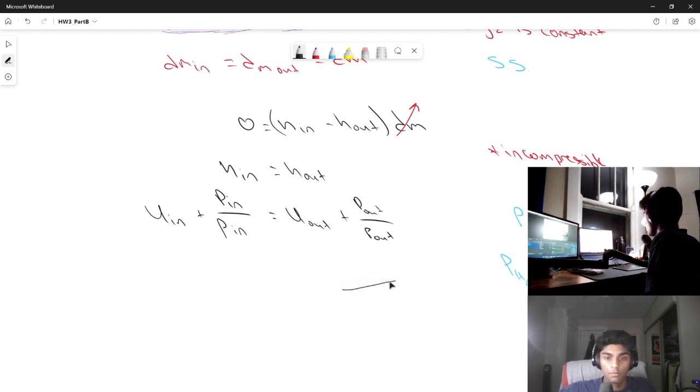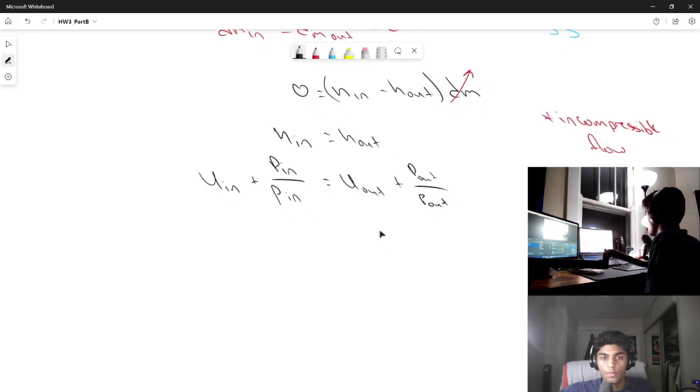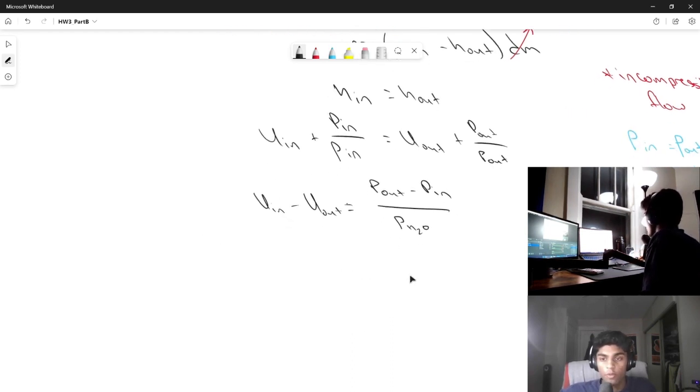So what we have here now is our internal energy in minus our internal energy out is equal to our pressure out minus our pressure in over the density of H2O. And we can rewrite our left side as the specific heat of water times the change in temperature.